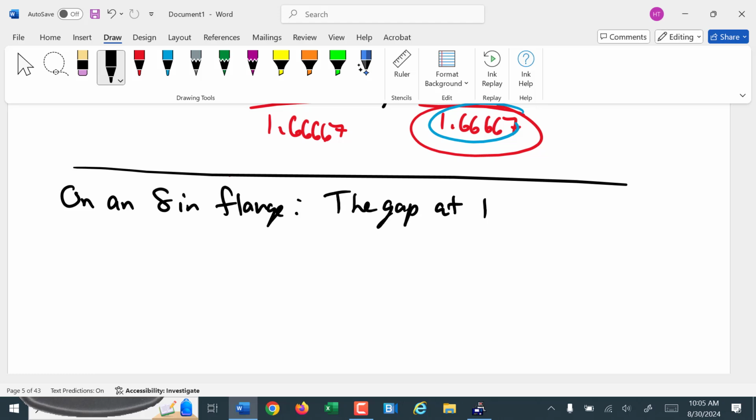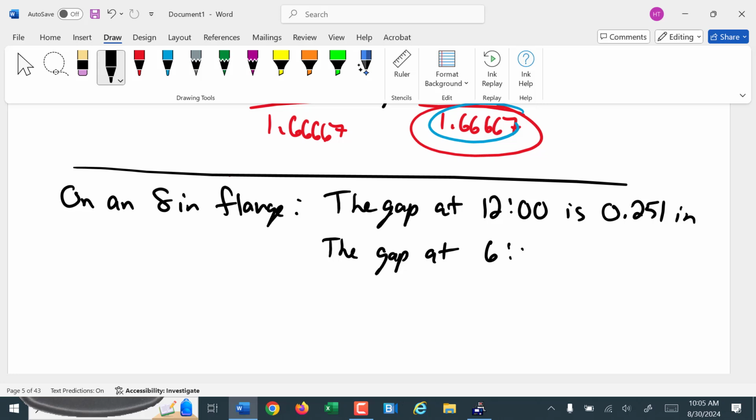So let's put this together. On an 8-inch flange, the gap at 12 o'clock is 0.251 inches.